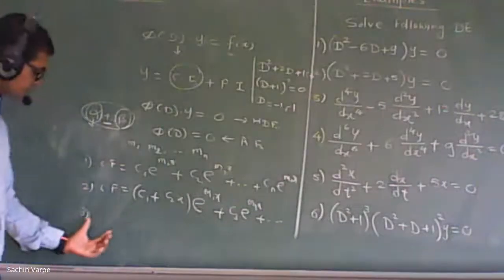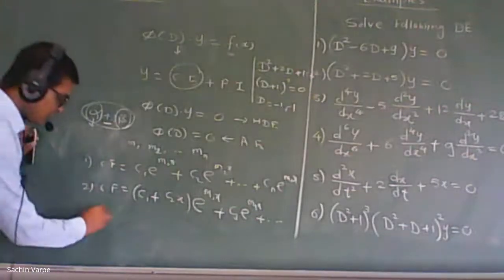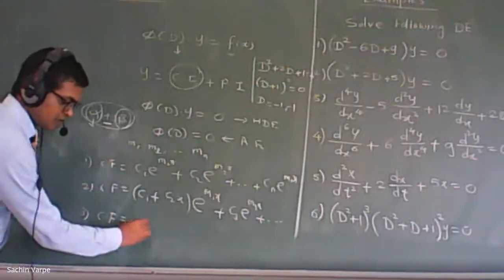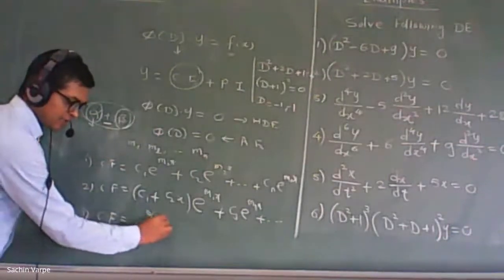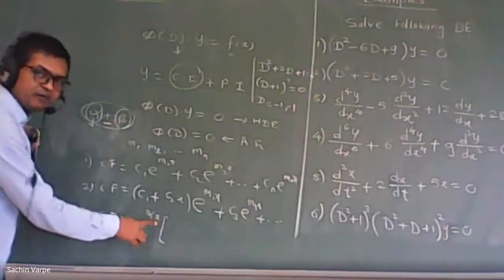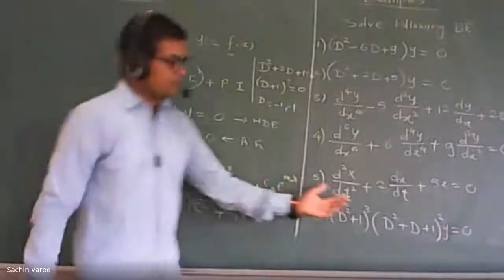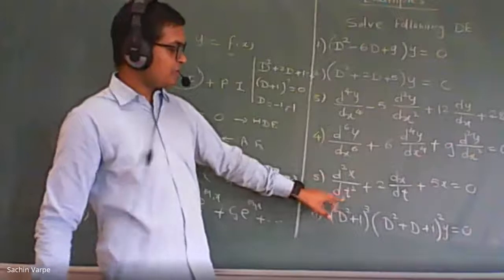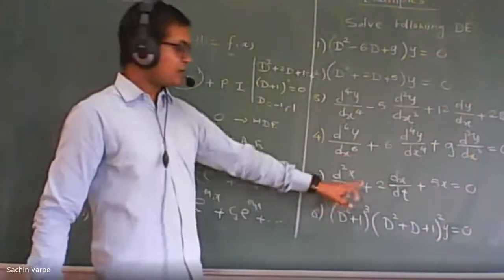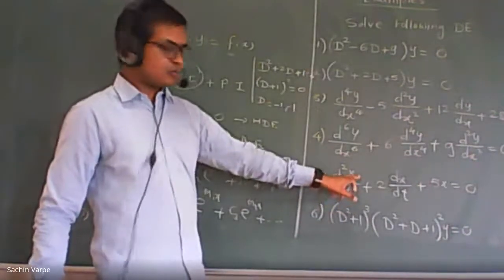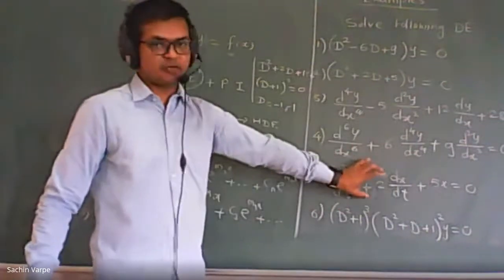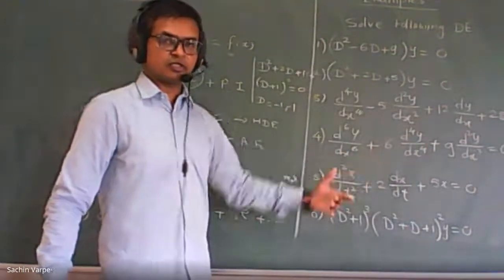In that case, the formula for the complementary function is e to the power real part times x, where x is the independent variable, remember. Whatever the independent variable is, just like in this example, the independent variable is t and the dependent variable is x. So the solution of this differential equation will be a function of t.